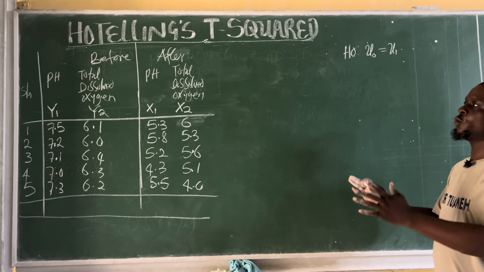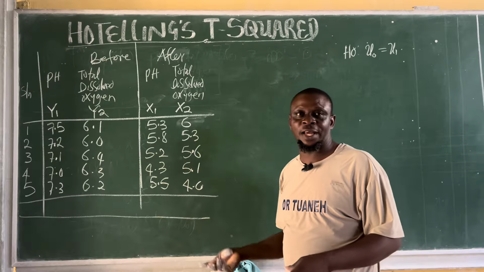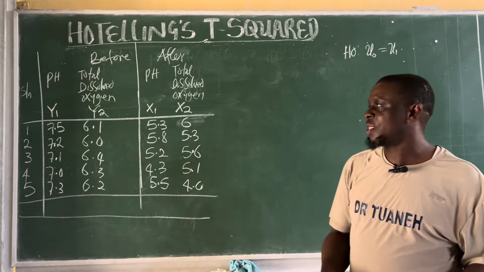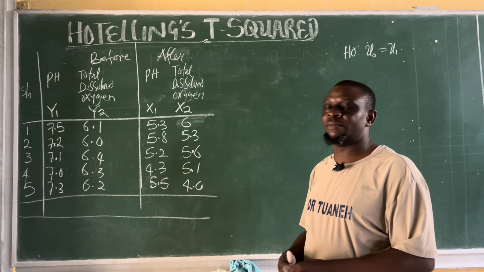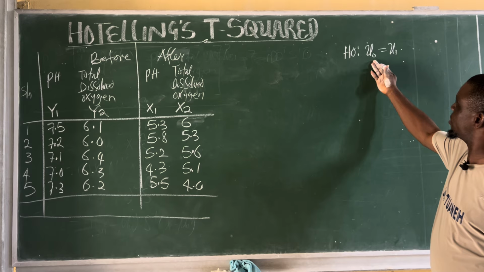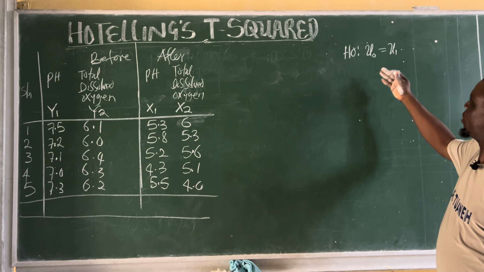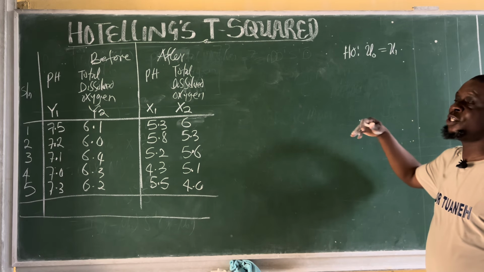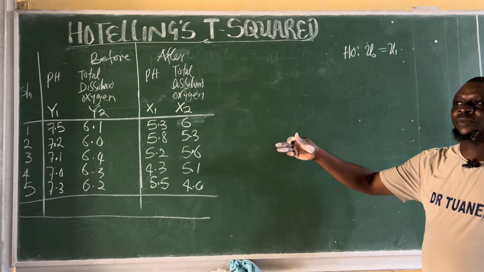Or we'll compare total dissolved oxygen before and after using our T statistics, and then we'll conclude. But sometimes we have seen that there's always inconsistency in that, and that's why in cases like this, the Hotelling's T-square is preferred. So this hypothesis is saying that the physiochemical parameters of the stream are the same before and after.